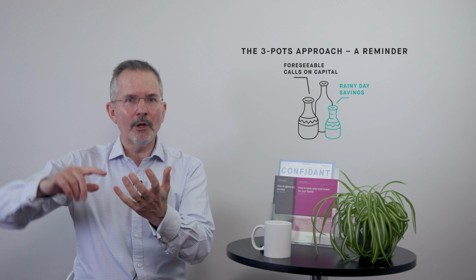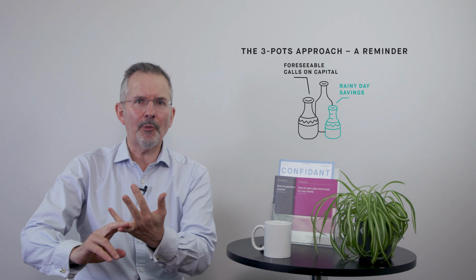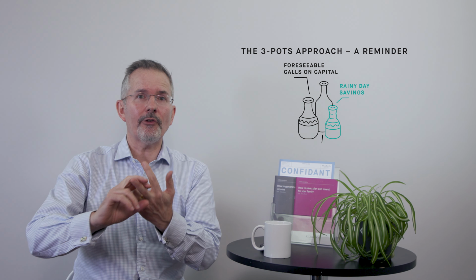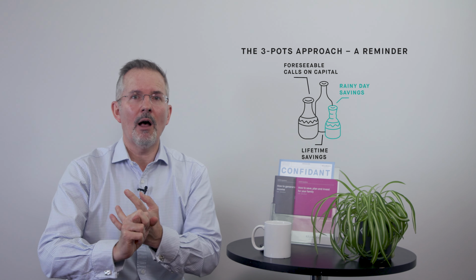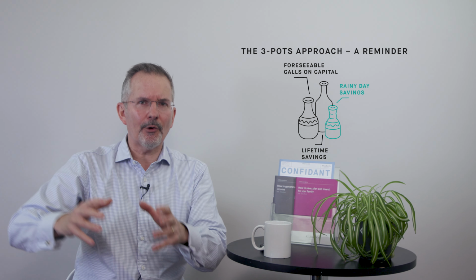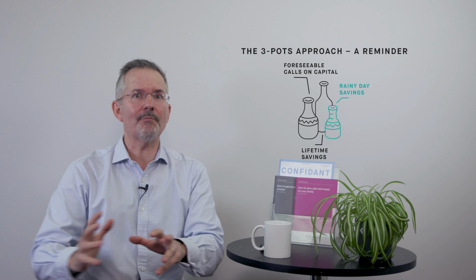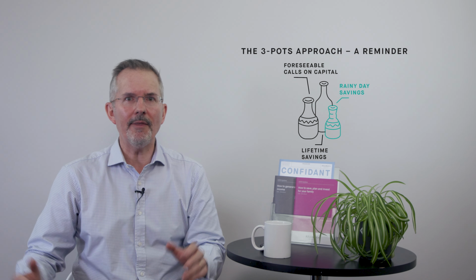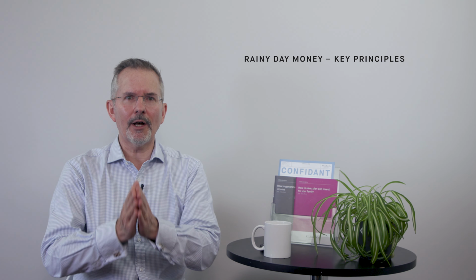And then the rest is the lifetime savings pot, and that's the one that should be allowed to build hopefully inflation-beating long-term wealth in the equity market. Now here, I want to cover rainy day money exactly. So the other two things I'll leave to one side, just going to focus on that first pot here.